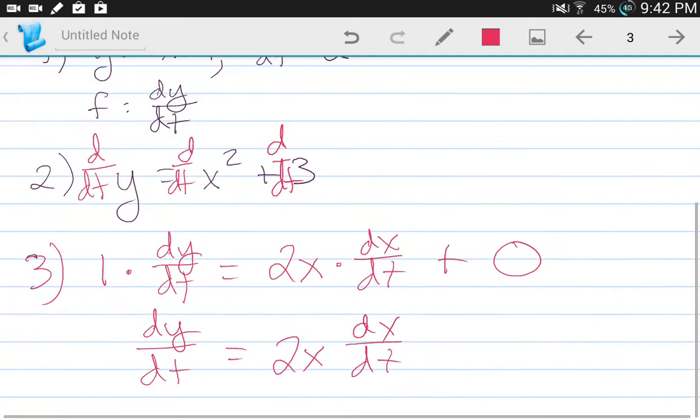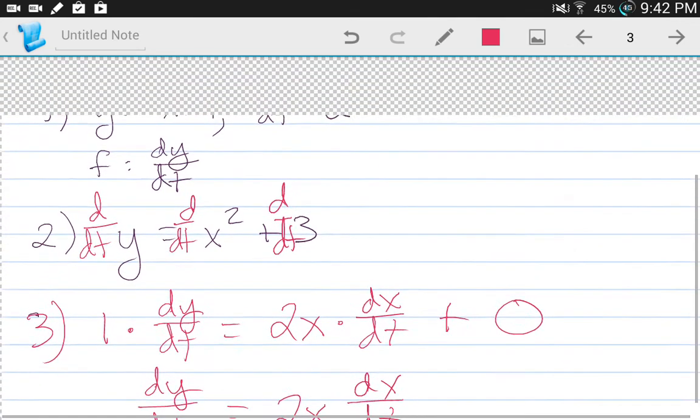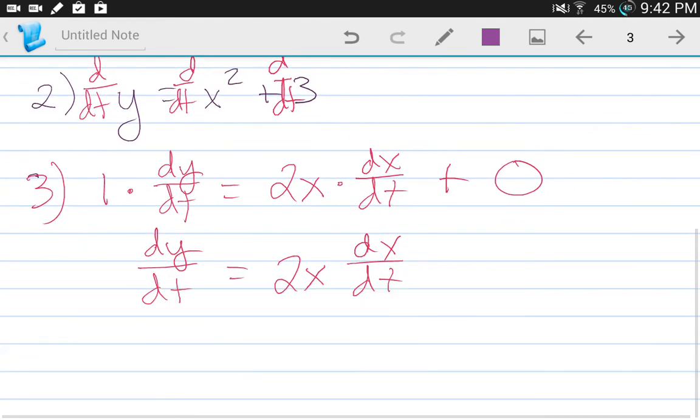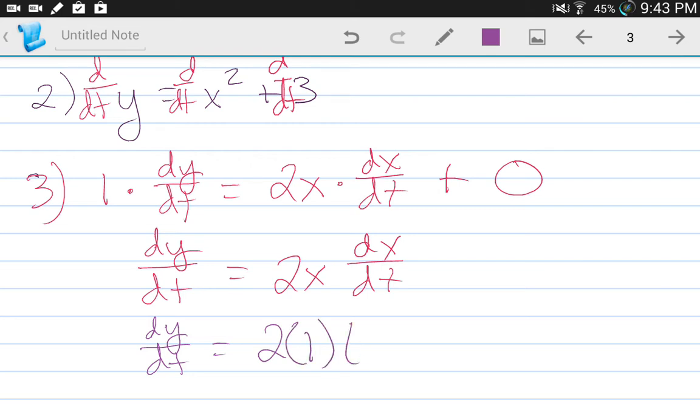And then we'll plug in our givens, which was x equals 1 and dx over dt equals 2. So we'll get dy over dt equals 2 times 1 times 2, which is 4.